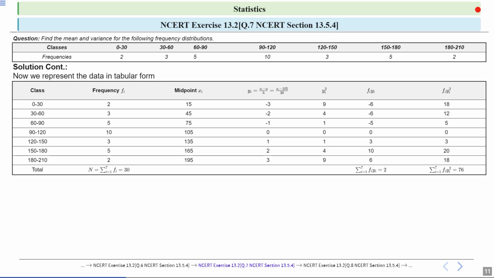At the bottom of the table, we calculated n equal to the summation from i equal to 1 to 7 of fi equal to 30, the summation of fi times yi equal to 2, and the summation of fi times yi square equal to 76.